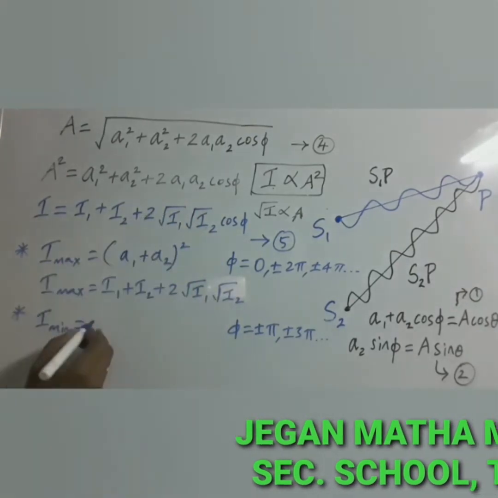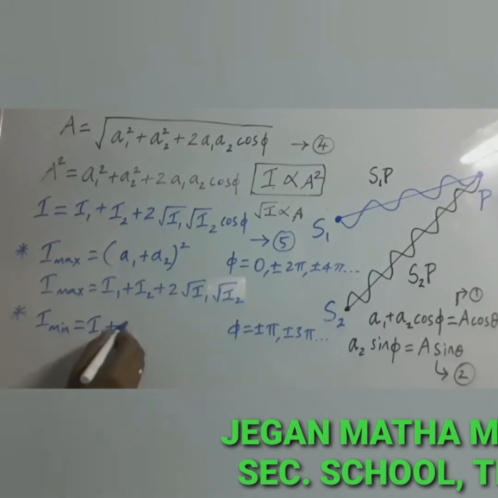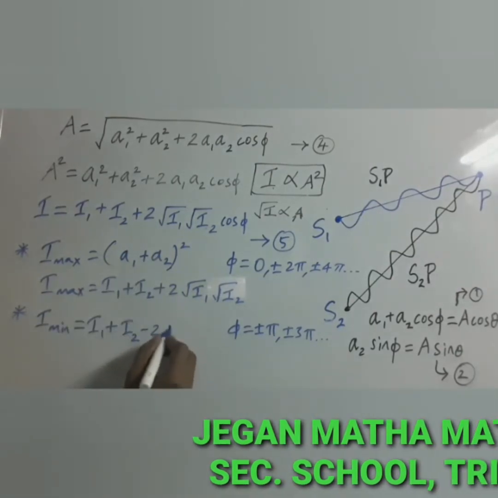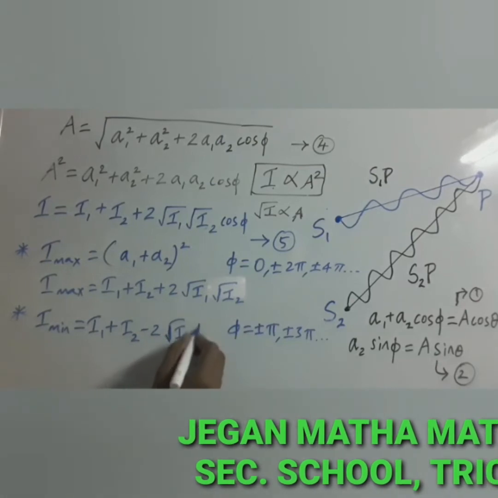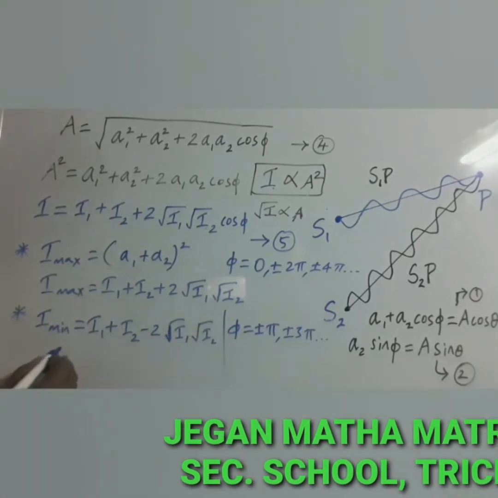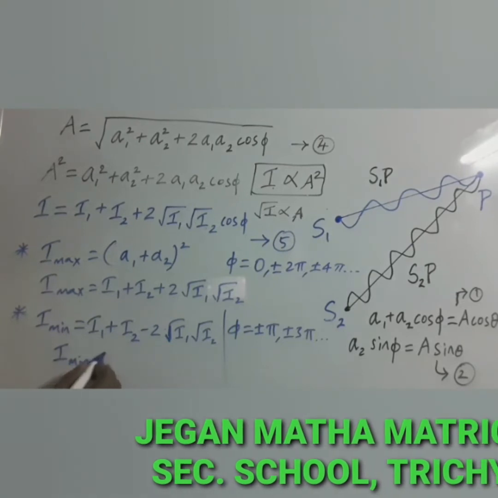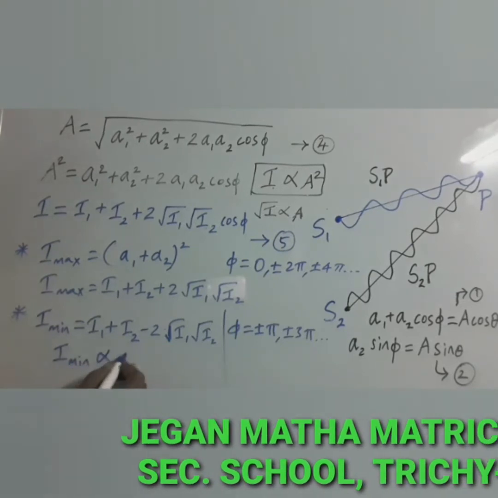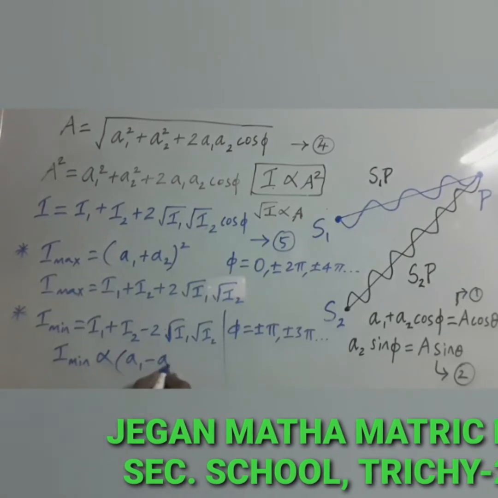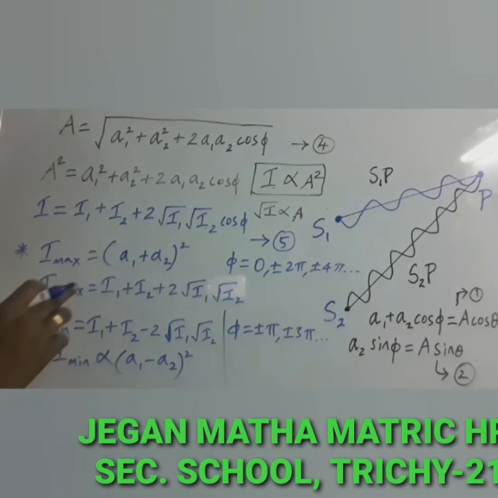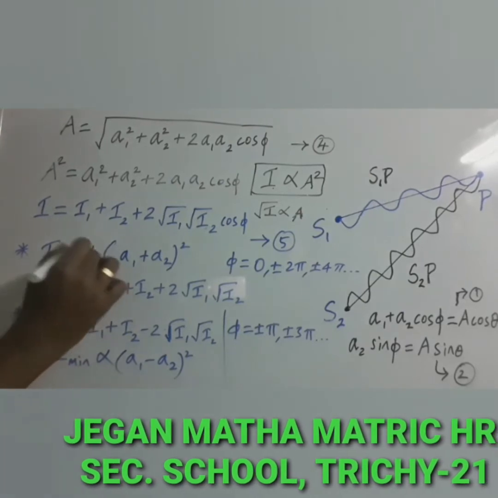Minus. So this value will be equal to I1 plus I2 minus 2 root of I1 root of I2. Or with respect to amplitude, how can we write? I minimum is directly proportional to the difference in amplitude, A1 minus A2 the whole square. Because here also only directly proportional has to be written.